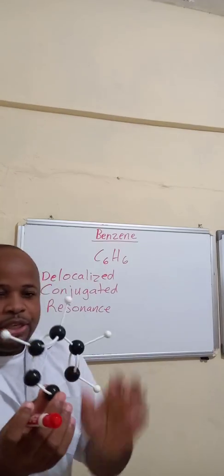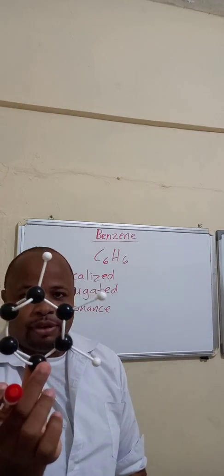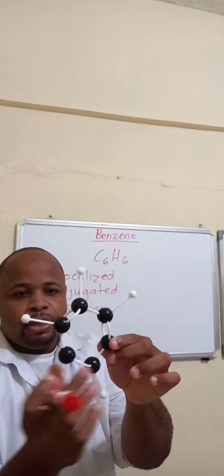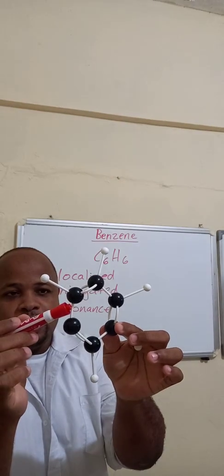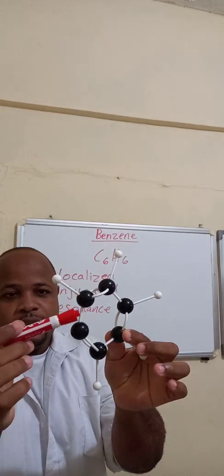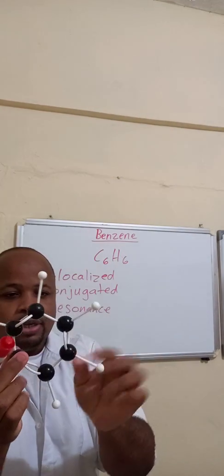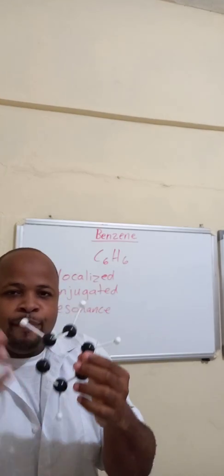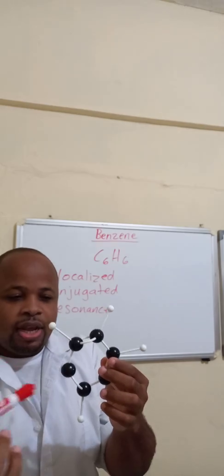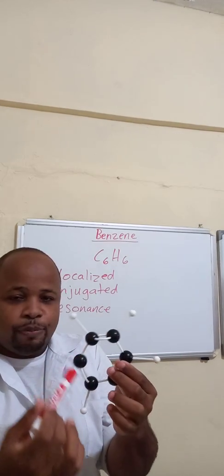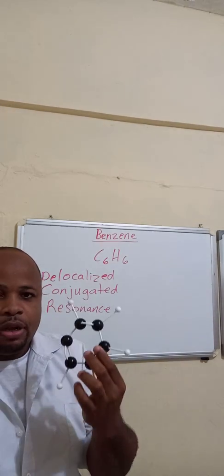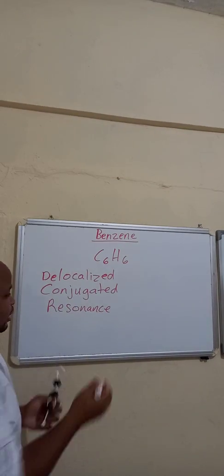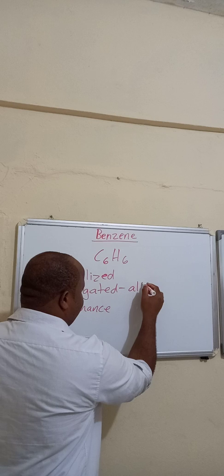If you look at the structure for benzene, you'll notice it has alternate double and single bonds: double bond, single bond, double bond, single bond, double bond, single bond. Whenever a molecule has alternate double and single bonds, it is said to be conjugated. So conjugated means alternate double and single bonds.